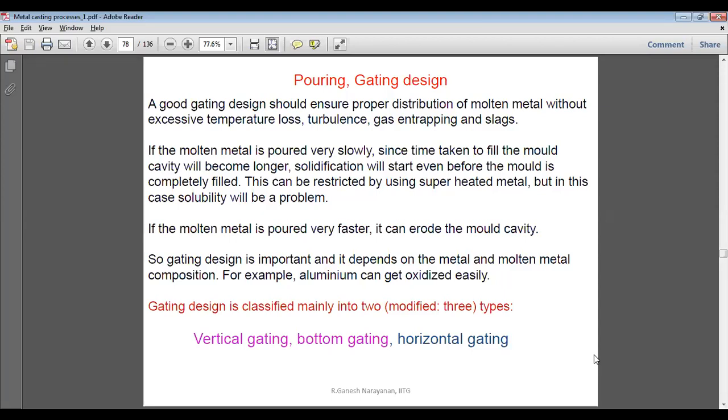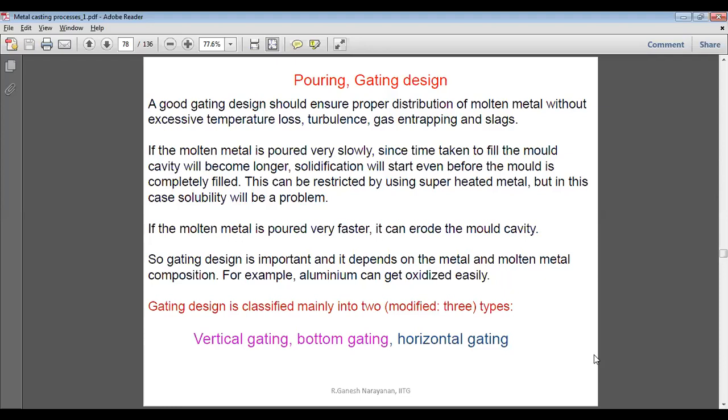Those complications can be handled easily by a proper and efficient gating design. When the pouring is done, 1500 or 1600 degrees centigrade molten metal comes into the mold. It starts gushing, contains a lot of fluids, and has very high pressure.